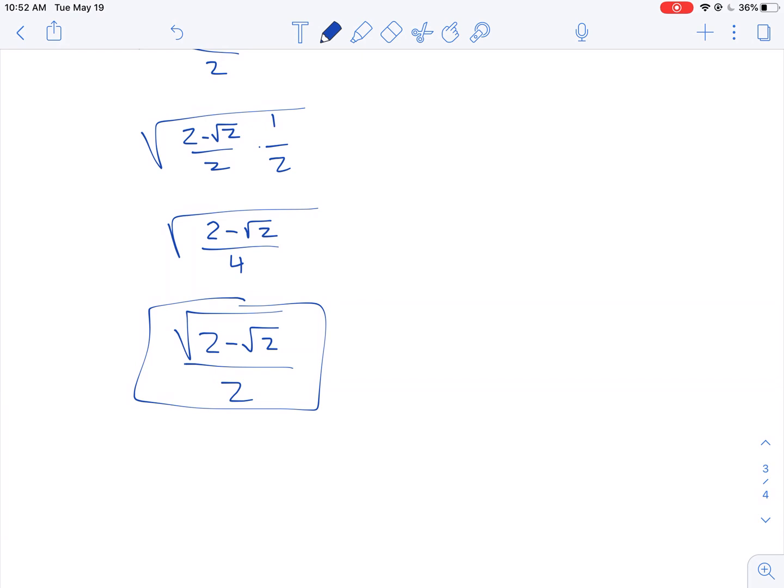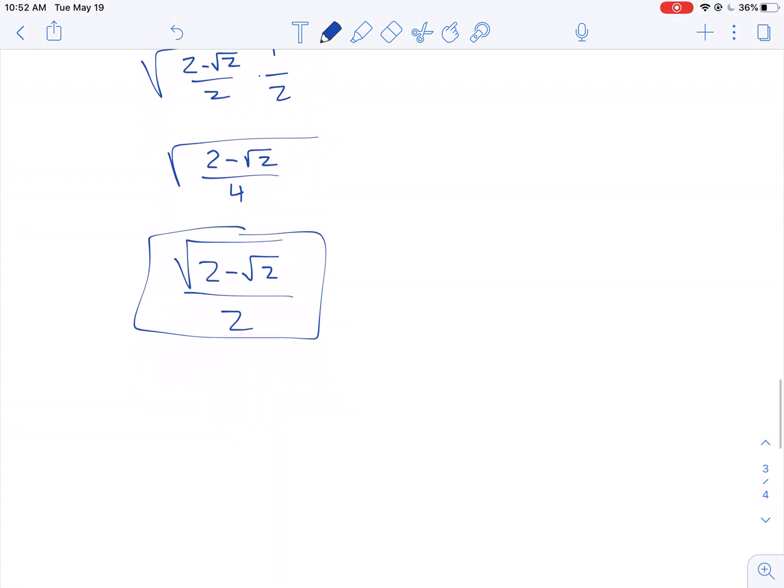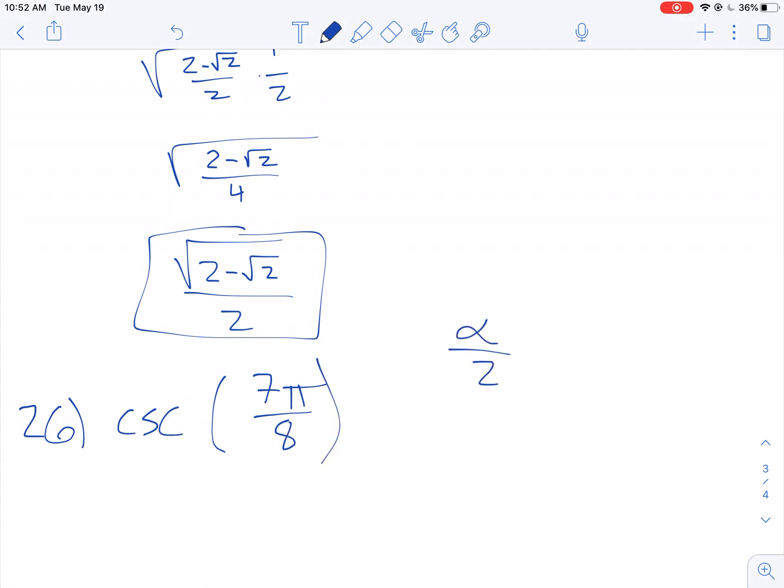Some of the more complicated ones here, when you start doing this, I'm going to go ahead and jump to number 26, because this is going to help you with a lot of these. When you're doing this with radians, you have these fractions. So what you have to remember here is for 26, when I've got the cosecant of 7 pi over 8, if I'm doing alpha over 2, I'm multiplying it by 1/2.